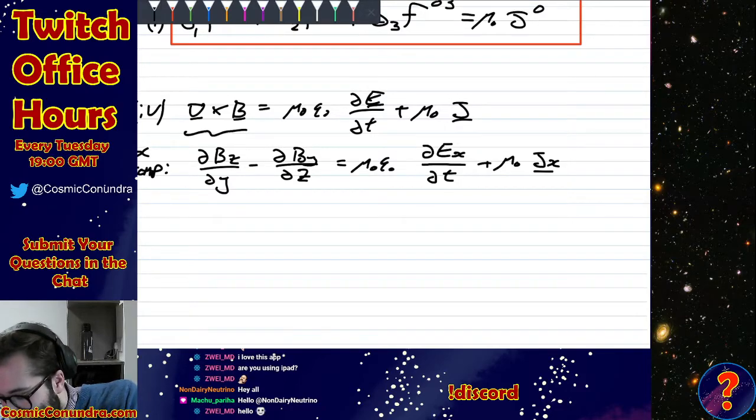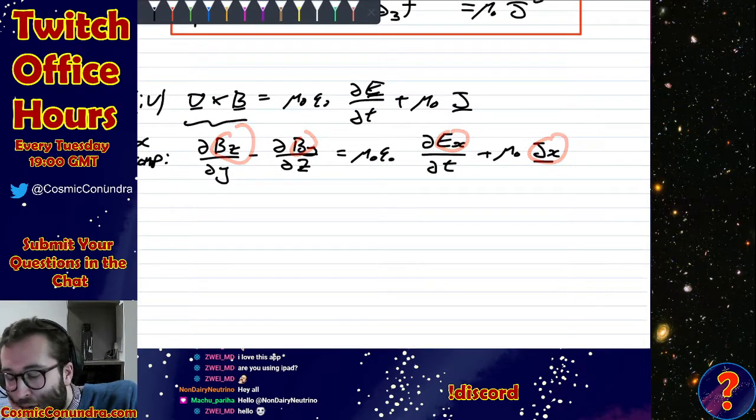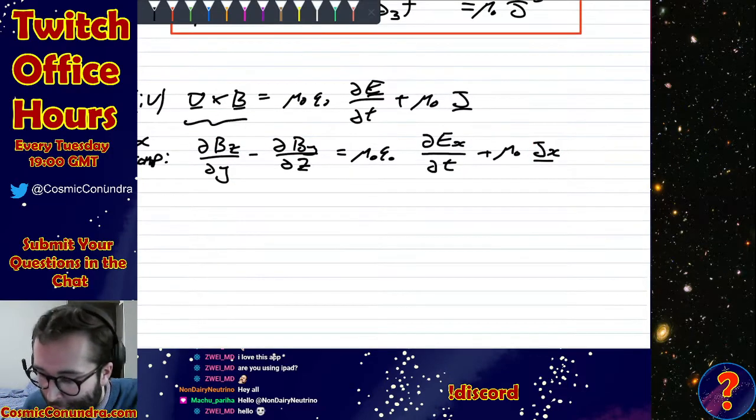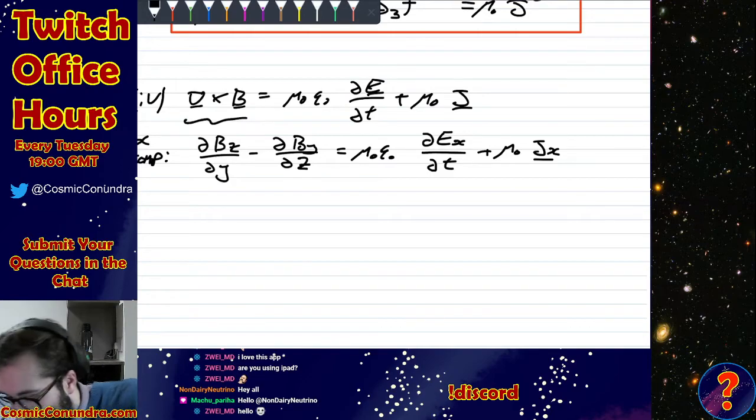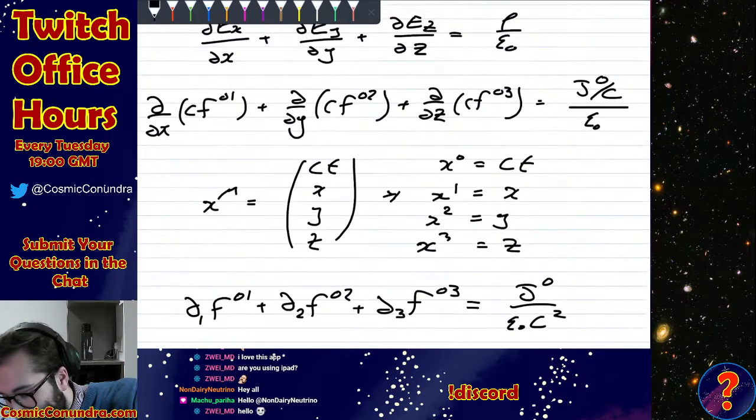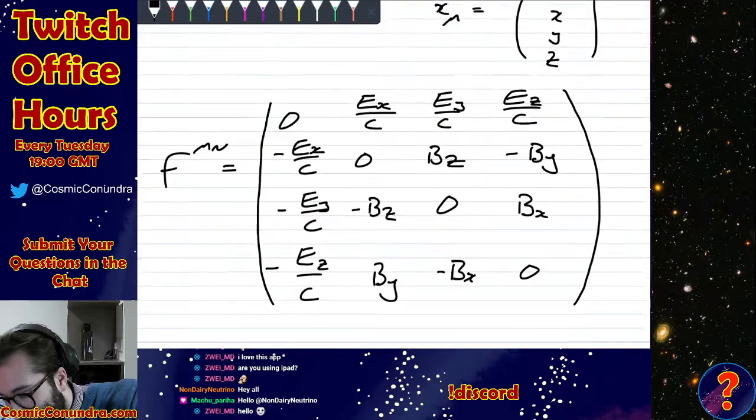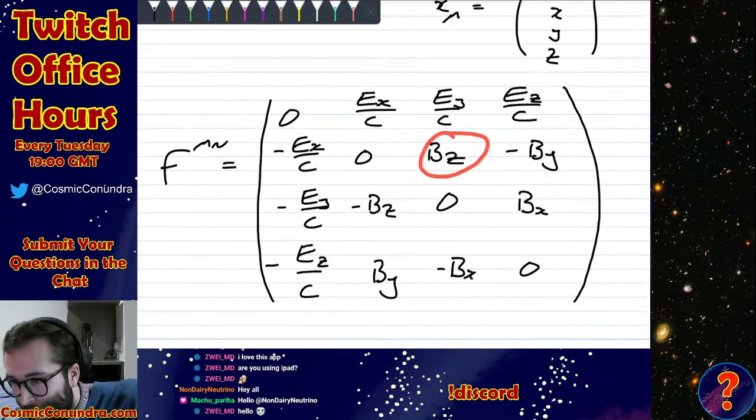So now I'm going to do the same thing. I'm going to go up and try and extract these different components as components of our nice covariant vectors, things like F mu nu and J mu. Okay. So Bz, I'm going to pick this Bz here.